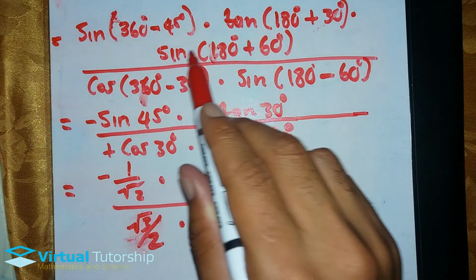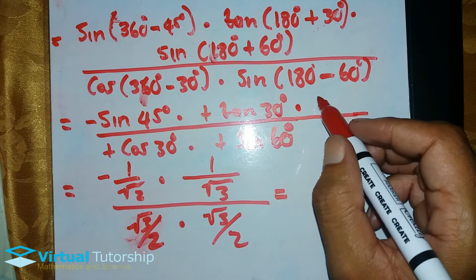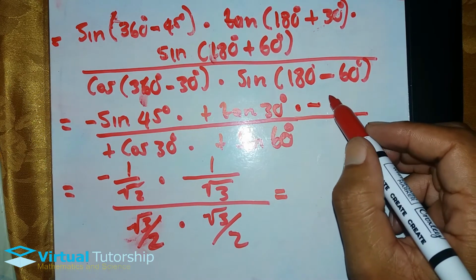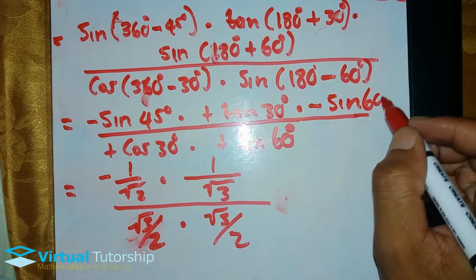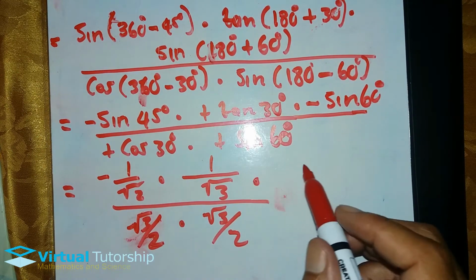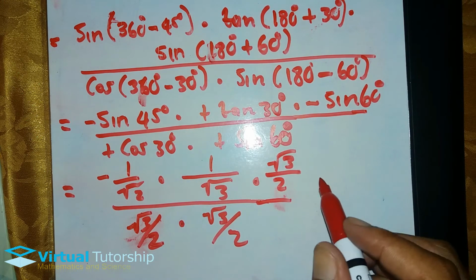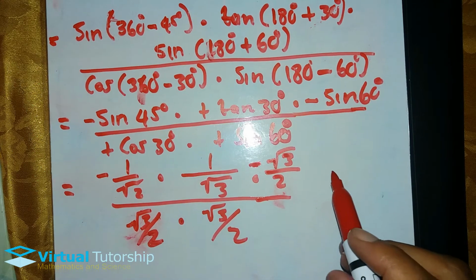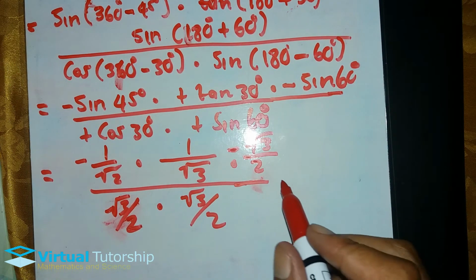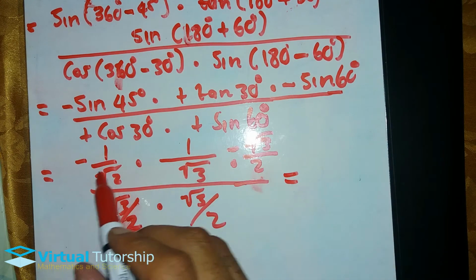So it's sine 180 plus 60 degrees is times izoba negative le, ne? Negative sine 60 degrees, which is equal to the square root of 3 over 2, negative square root 3 over 2, ne? Negative square root 3 over 2, which is equal to, nang multiply lama numerators law.